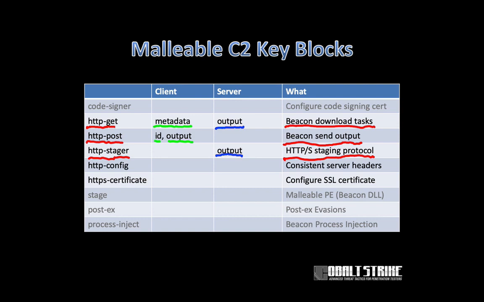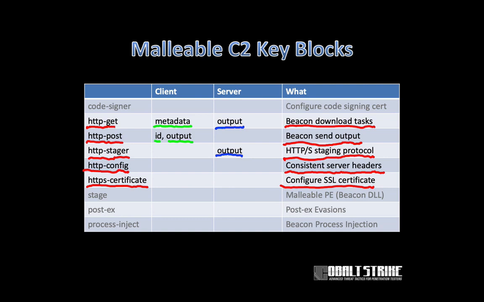Another important block getting its first mention in this lecture is HTTP config. This block lets you set server headers and server header order for every single HTTP response your Cobalt Strike server makes. So you can think of this as almost a global server config more than anything. HTTPS certificate is the block where you set options to configure your SSL certificate.